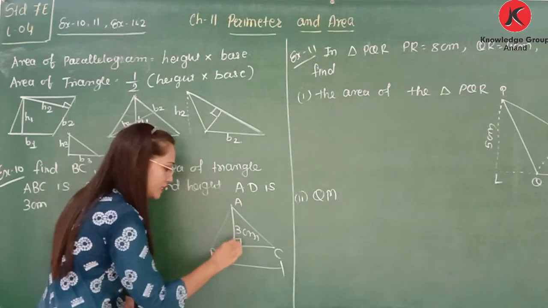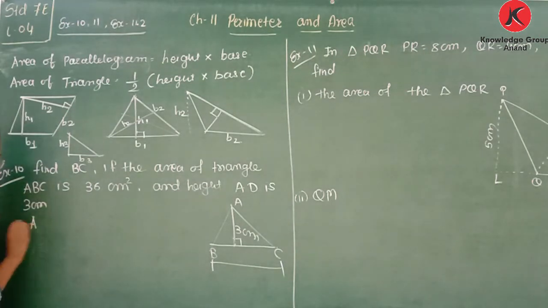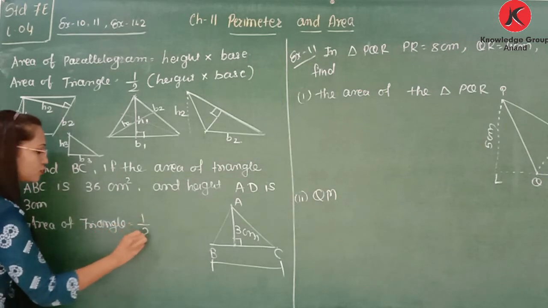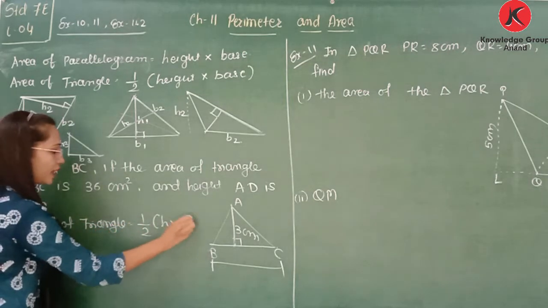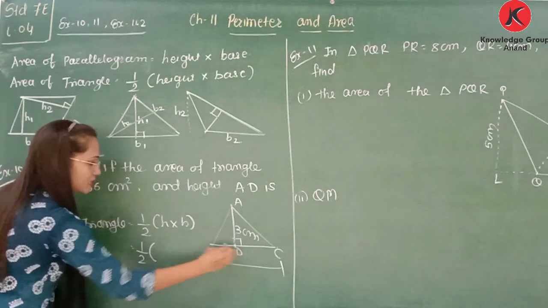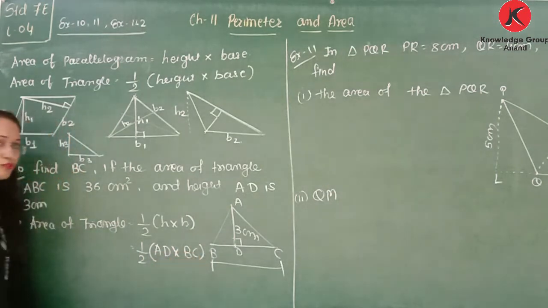So this is height and the corresponding base is there. So we can directly use the equation, that is area of triangle is 1 by 2 height multiplied by base. Now here our height is what? We can consider this as AD and base is BC. That we need to find.